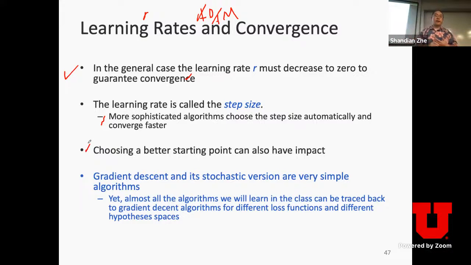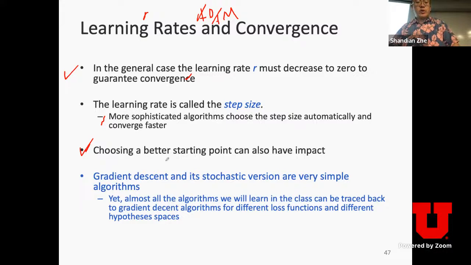Okay, this is about learning rate, right? Later we'll talk about several classical schedules of the learning rate, which guarantee the decay to 0 and also satisfy other requirements for the convergence of stochastic gradient descent.